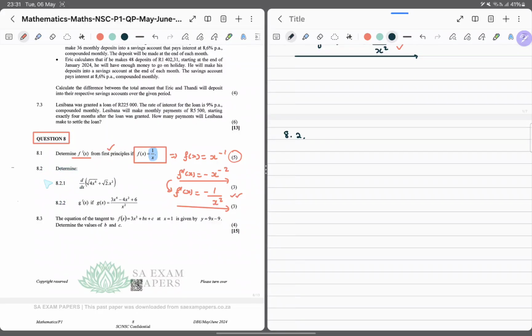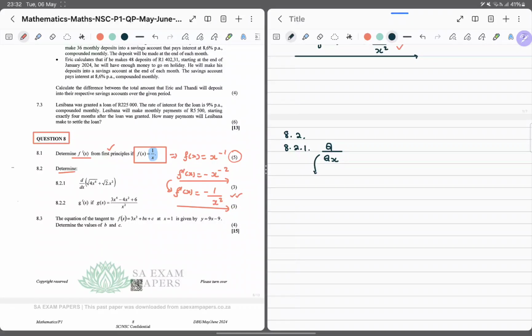Now, here we're going to follow on with the rules of differentiation. We're supposed to find the first derivative of each of the 2. One is a function, the other one is just an expression. All right, so let's go for it. 8.2.1, we are supposed to differentiate with respect to x.